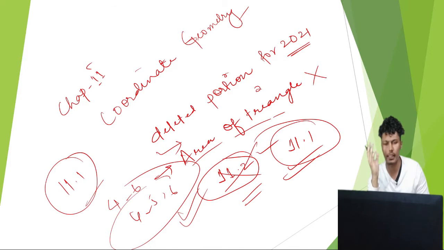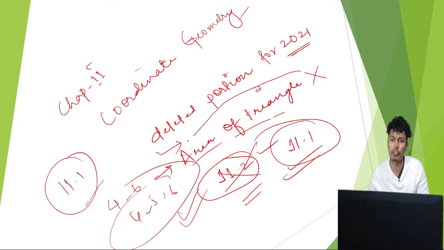I have selected questions from previous years' papers, but sorry to say I have only 3 or 4 questions for this chapter, because most of the questions asked were to derive the area of triangle formula, for 4 or 6 marks.